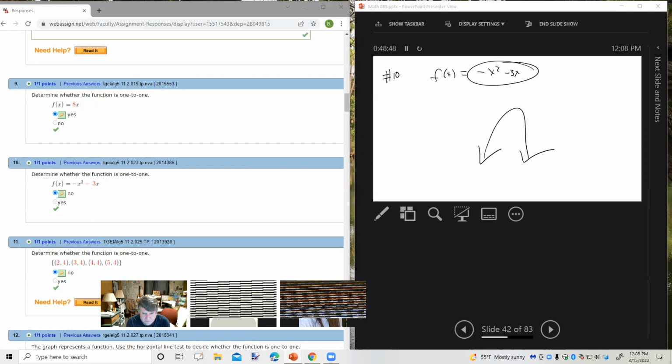Now, is that 1-to-1? No. Oh, wait, I was thinking function, not one-to-one. It doesn't pass the horizontal line test. So it is a function, but it's not a 1-to-1 function.